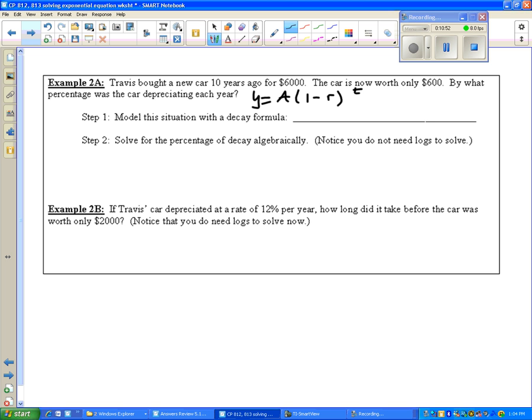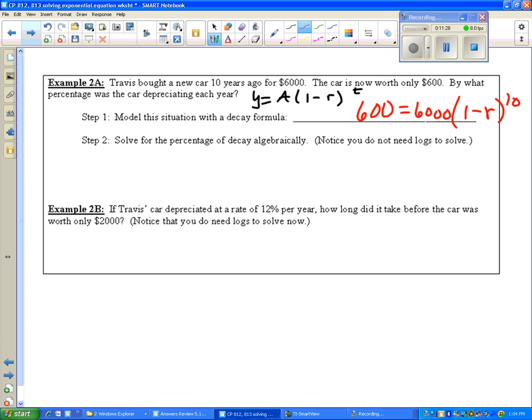So I'm going to say what I ended up with is $600, is equal to 6,000 times 1 minus my rate, that's what's missing, to the t power, where t is 10 years.